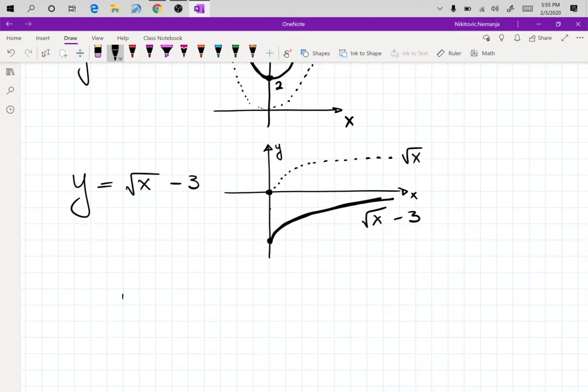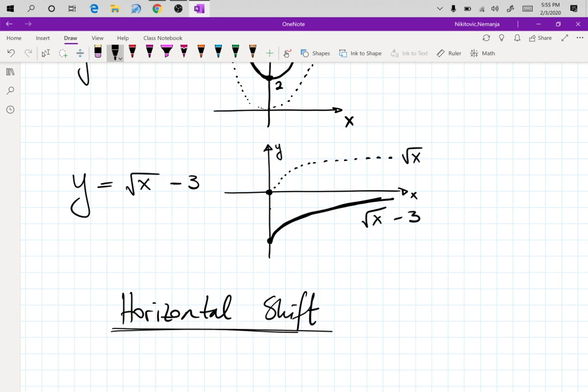Next one is horizontal shift. So what is that one? Beautiful. Left and right. So now we are going to put this as f of x plus or minus c.